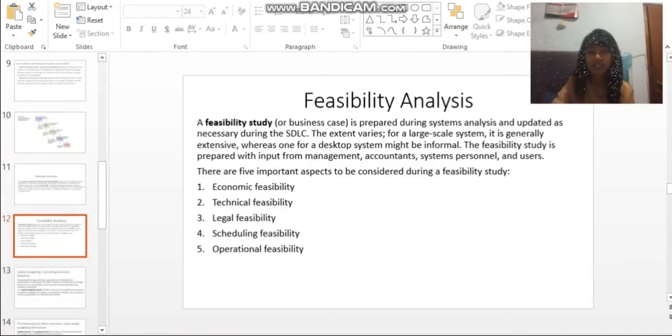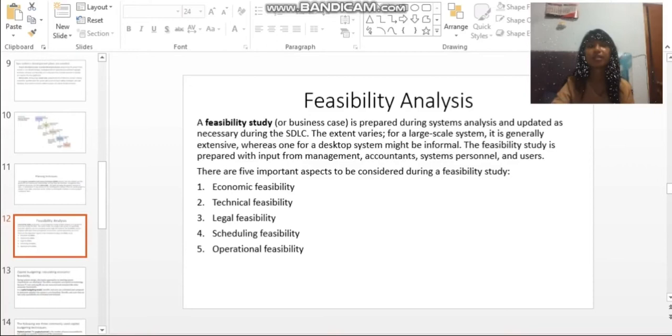Feasibility analysis. A feasibility study or business case is prepared during system analysis and updated as necessary during the SDLC. The extent varies. For a large-scale system, it is generally extensive, whereas one for a desktop system might be informal.